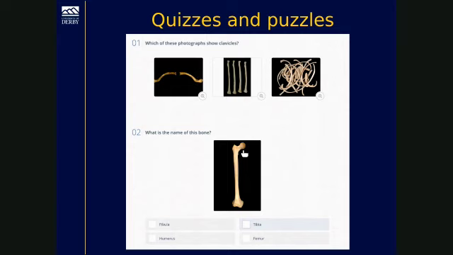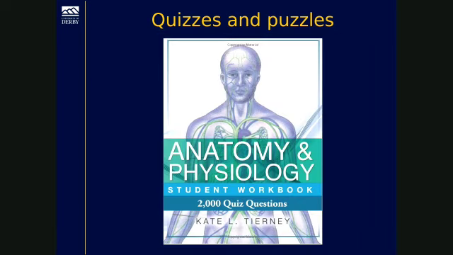And the answer, of course, is the femur. So we use a lot of these to help you as you go through things. This is the free online quiz book that's available through Kindle. It's got crosswords, other quizzes, word searches, you name it. If you subscribe to Kindle already through Amazon, it's free.